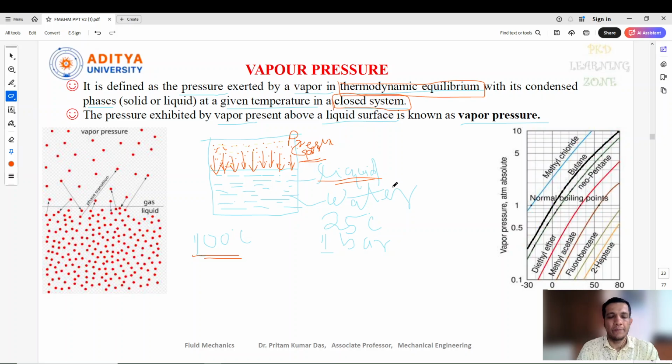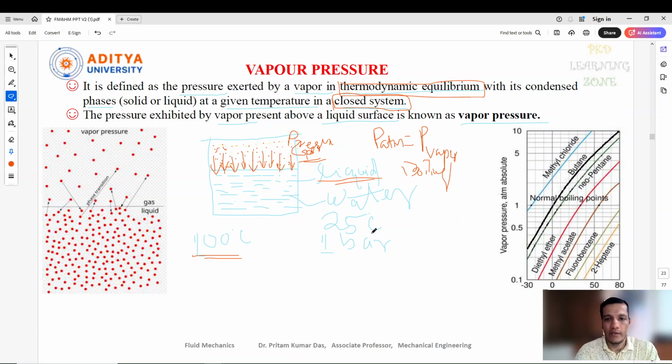Here one more term is boiling. Boiling takes place when the vapor pressure is equal to the atmospheric pressure. When P atmospheric equals vapor pressure, then boiling takes place.